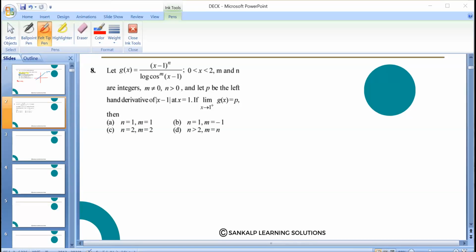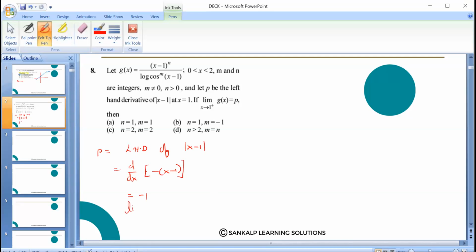So as per the question, p is the left hand derivative of mod of x minus 1. Left hand means what? Derivative of minus of x minus 1. That means it is minus 1.